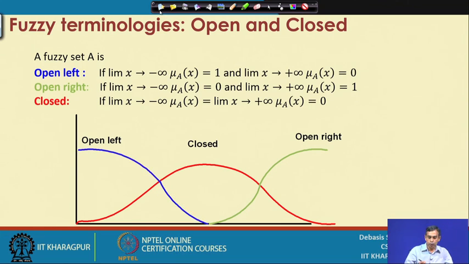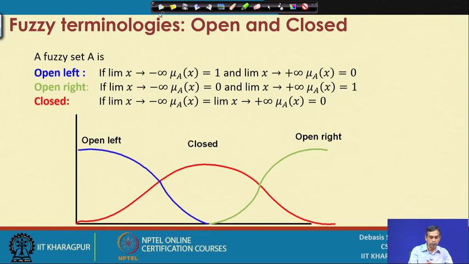Similarly, we can write open right: here the elements as x tends to infinity have membership value 1 and the elements as x tends to minus infinity have value 0. This definition is called open right. So, open left and open right.